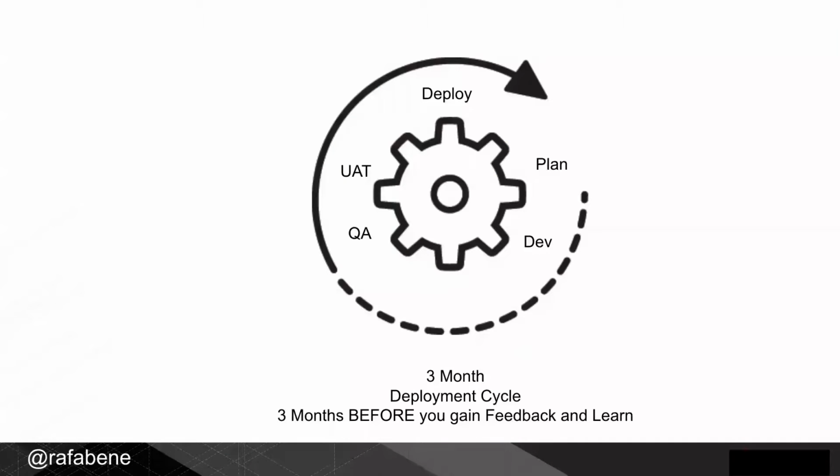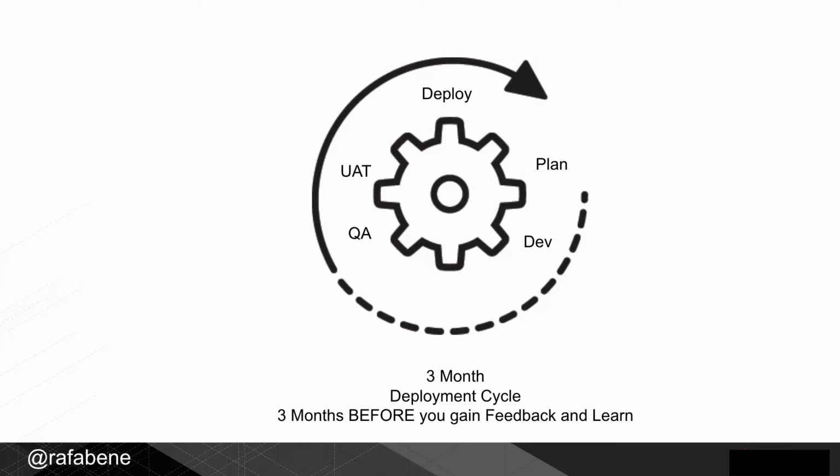Suppose that you receive a request to produce a new feature for your application. You need to plan, develop what was planned, test, and finally deploy it on production. Usually this deployment cycle takes 3 months.